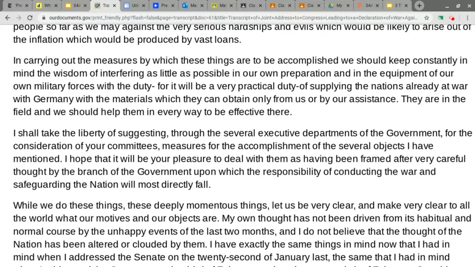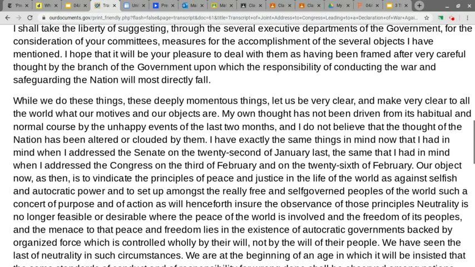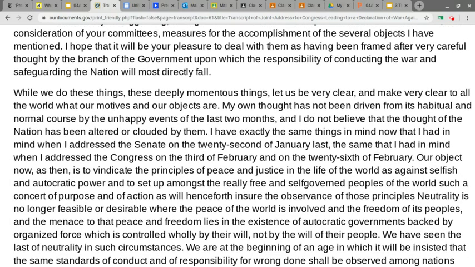I shall take the liberty of suggesting, through the several executive departments of the government, for the consideration of your committees, measures for the accomplishment of the several objects I have mentioned. I hope that it will be your pleasure to deal with them as having been framed after very careful thought by the branch of government upon which the responsibility of conducting the war and safeguarding the nation will most directly fall.